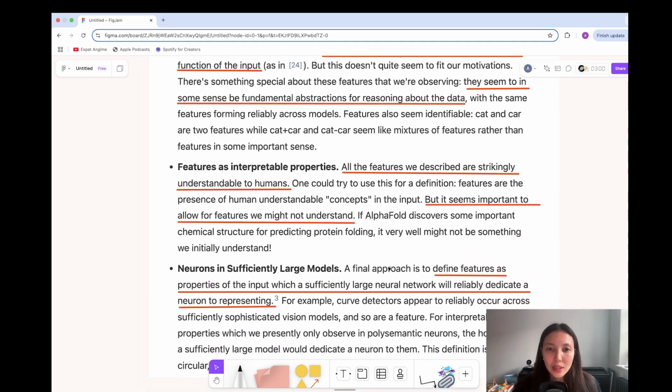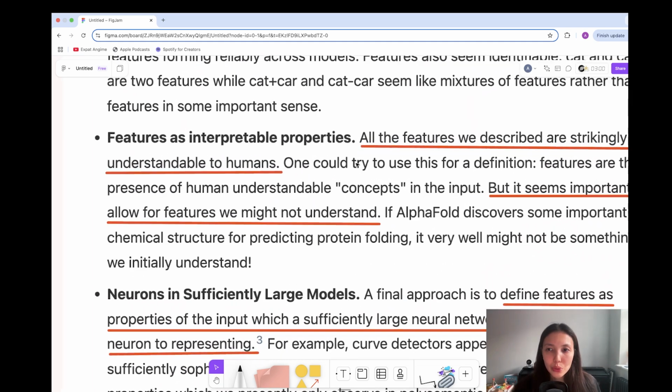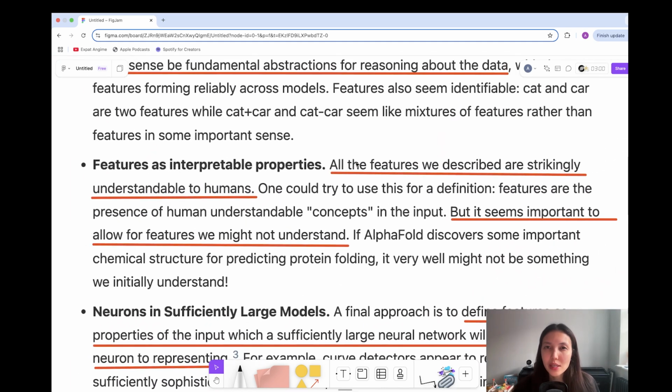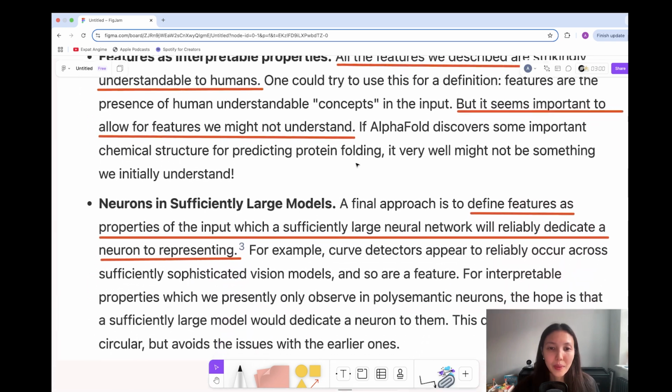And another approach might be to think of features as interpretable properties. However, it's very important to allow for features that we humans might not understand. And a good example of it might be the AlphaFold model that discovers some important chemical structure for predicting protein folding, something that we initially didn't understand.